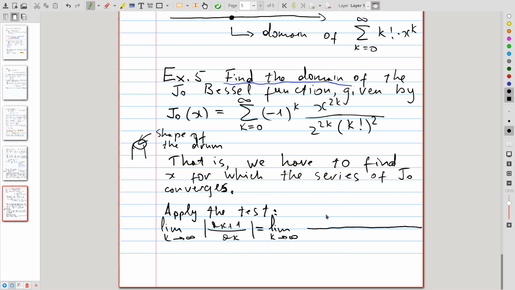On the top we will have minus 1 to the k plus 1 times x to the power 2(k+1), so we replace this k with k plus 1, divided by 2 to the power 2(k+1) times (k+1) factorial squared.